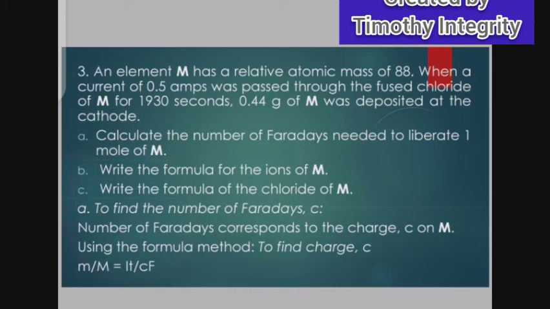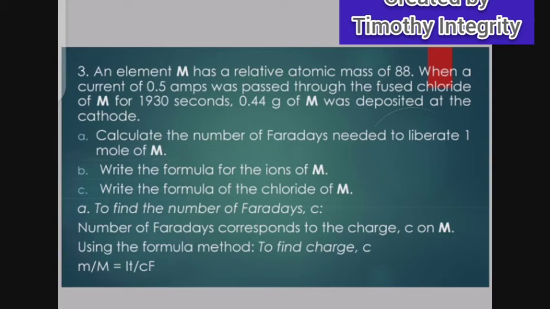The mass of the element deposited was 0.44 gram, and it was of course at the cathode. We are asked to calculate the number of Faradays needed to liberate 1 mole of M, to write the formula for the ion of M, and to write the formula of the chloride of M.